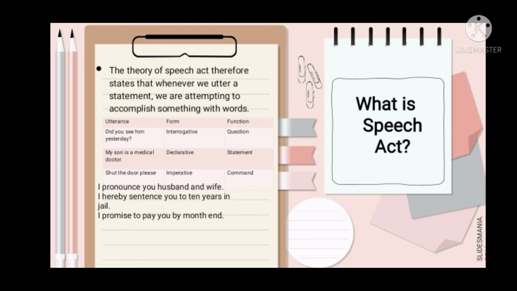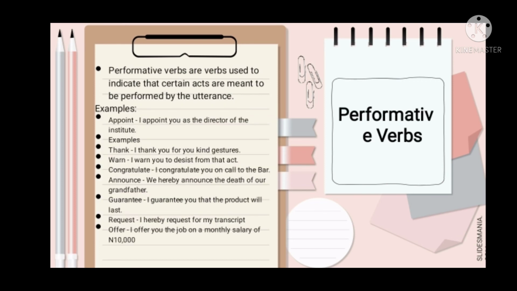In a speech act, there is the term called performative verbs. The root word of this is to perform. Therefore, here is the definition of this term. Performative verbs are verbs used to indicate that certain acts are meant to be performed by the speakers.